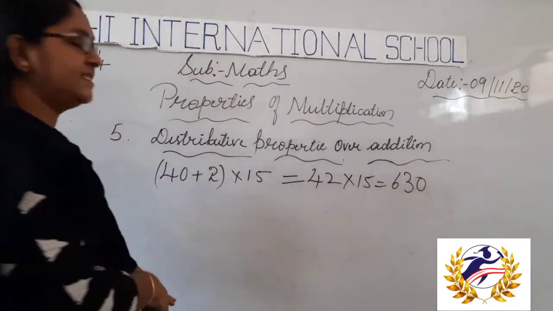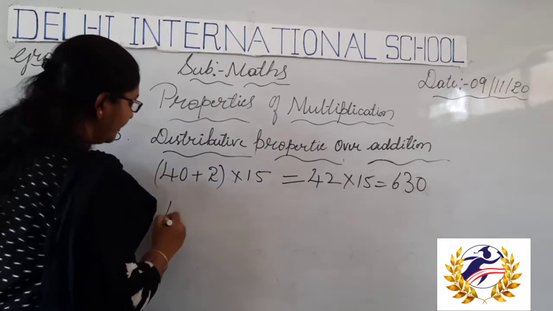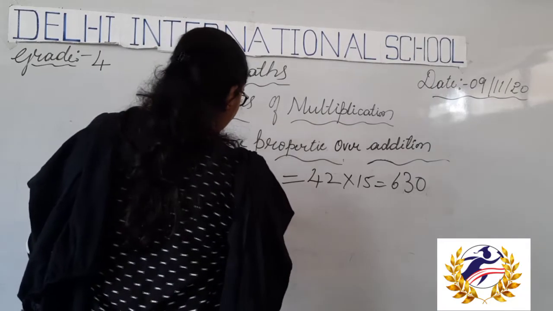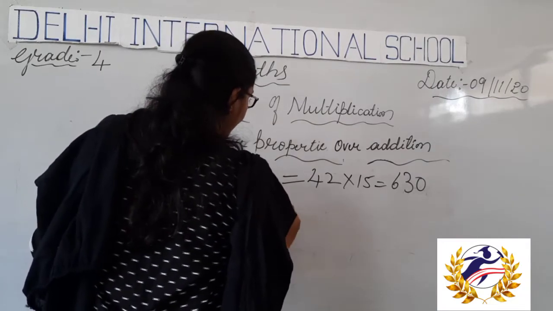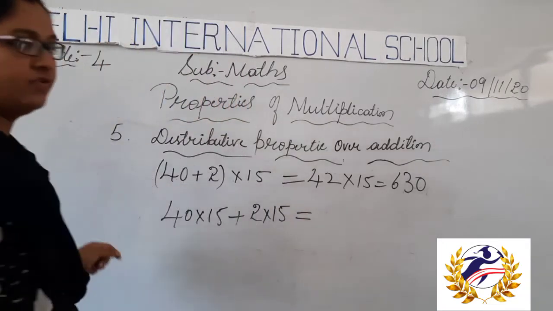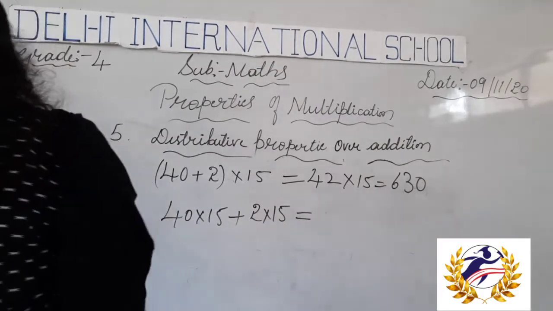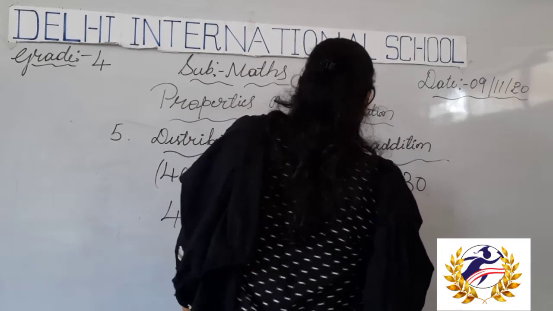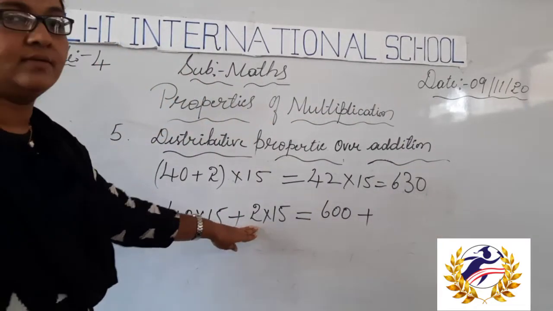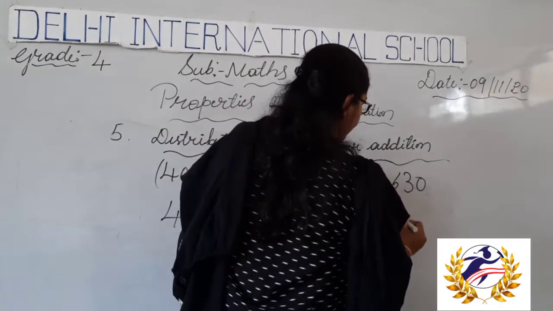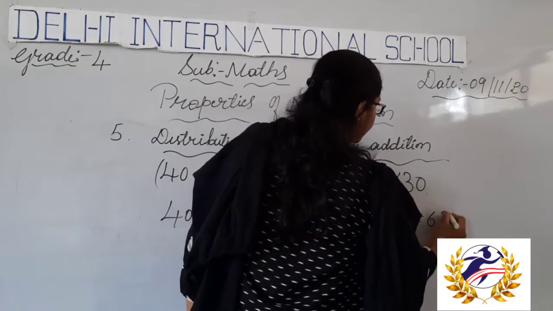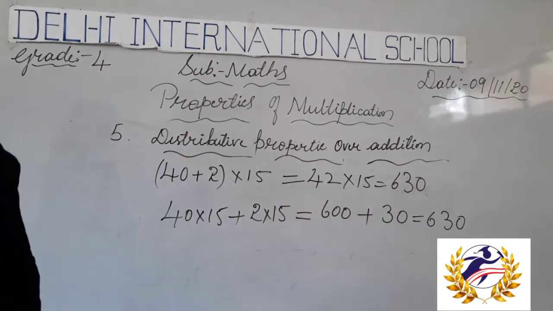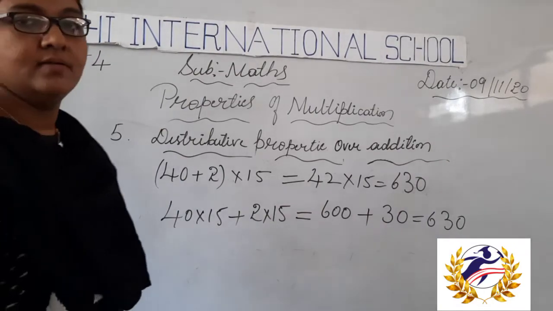Now I will distribute the numbers: 40 into 15 plus 2 into 15. 40 into 15 is 600, plus 15 twos are 30. That is equal to 630. Do you understand? By distributing the number and multiplying, the product will be the same.